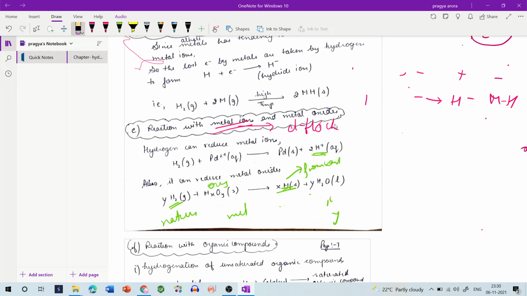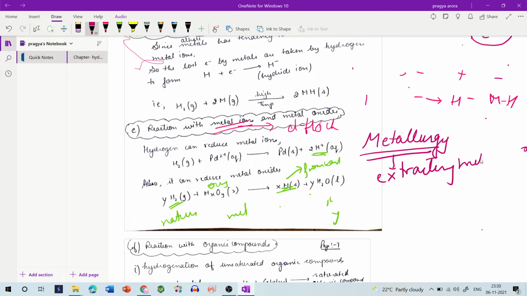Metallurgy is the science of extracting metals from ores. Ores are basically metal oxides.